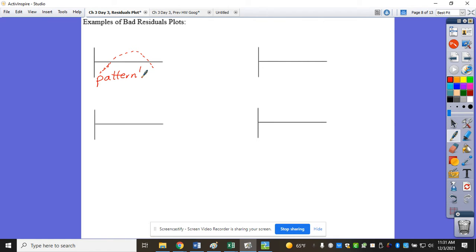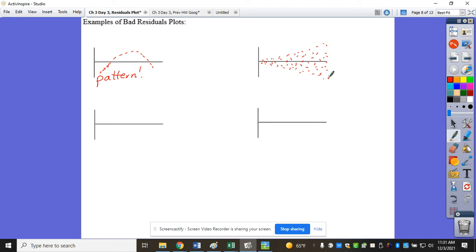Another bad example would be something like this. Where did I do good with my prediction in that, no context, anything?